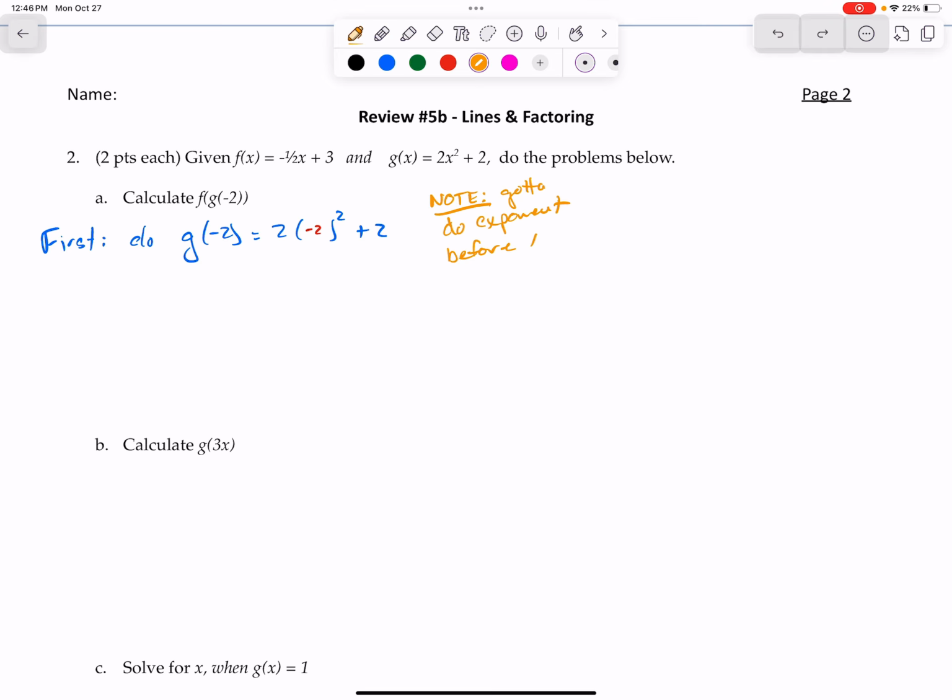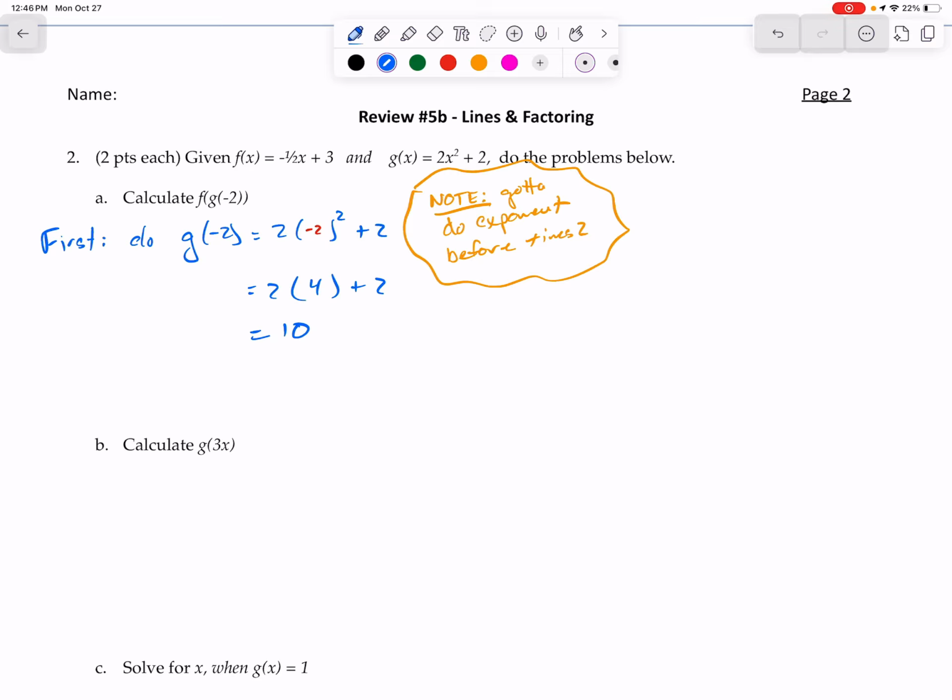I should write that better. There we go. Okay, so that means this equals 2 times 4 plus 2, which gives us 10.